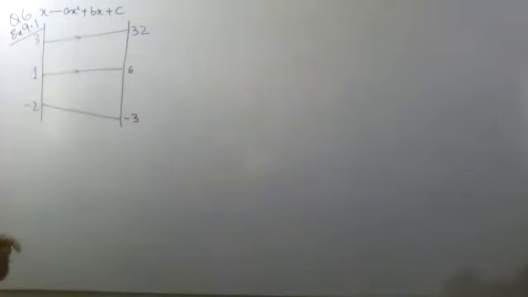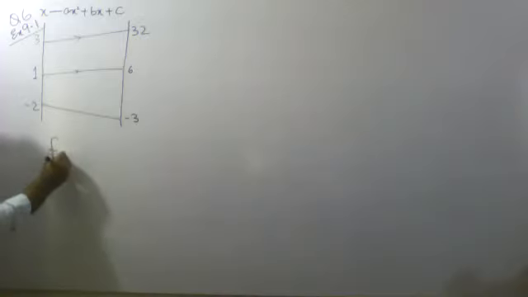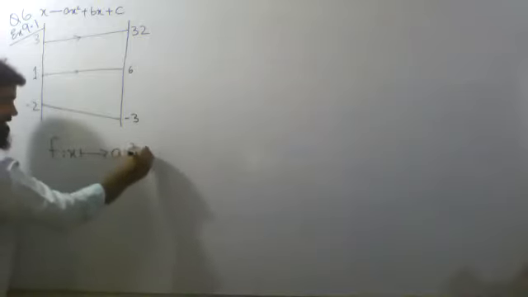And what is the function? It's written over here also, and I'm writing it over here also: f(x) = ax squared plus bx plus c. This is given to us in the question.